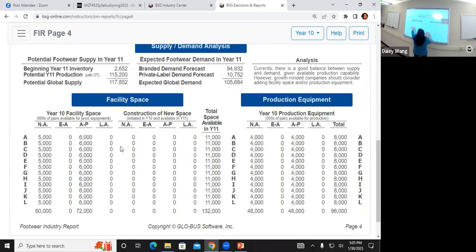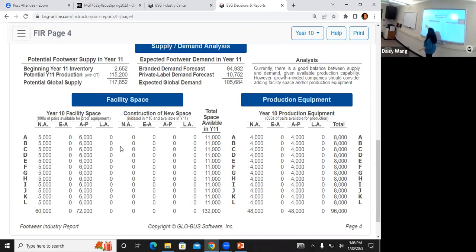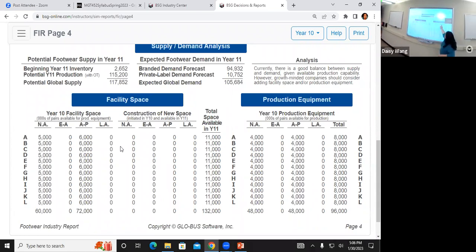First, you need to build the space. You need to build the factory with certain space. And every team is given space good for 5 million pairs of shoes in North America, and then 6 million in Asia Pacific. Okay, but if you see here, you only have equipment for 4 million. So you actually have 1 million extra space in North America, but you need to buy equipment to put in it.